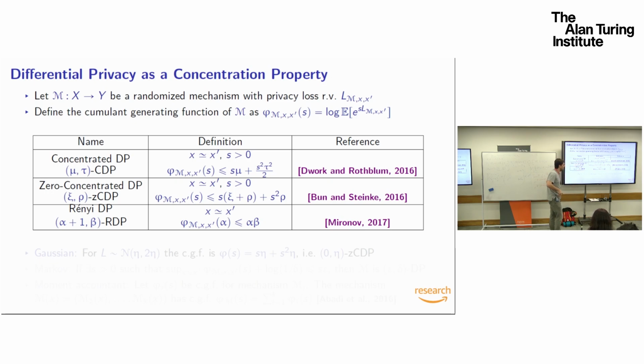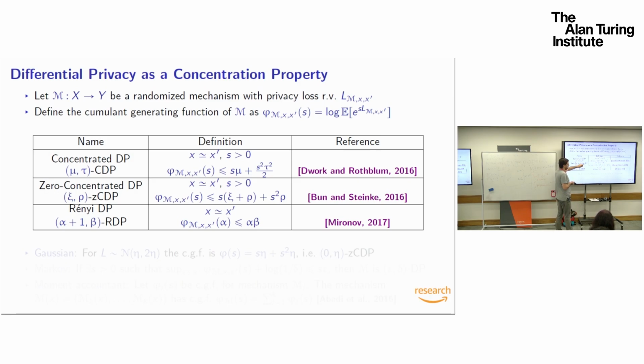So that's very well known. Concentrated DP, for example, says that a mechanism will be mu tau CDP if for all pairs of neighboring data sets and for all s bigger than 0, you have this bound on the cumulant generating function. It's a linear term and a quadratic term.